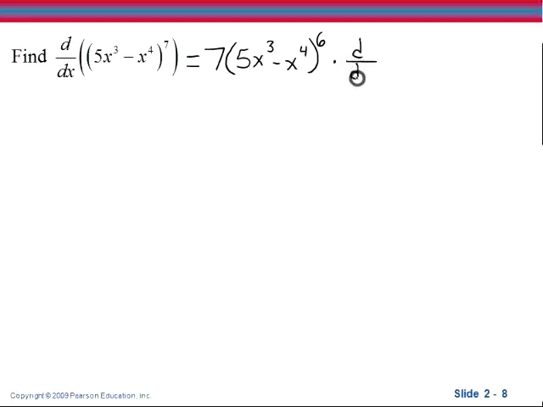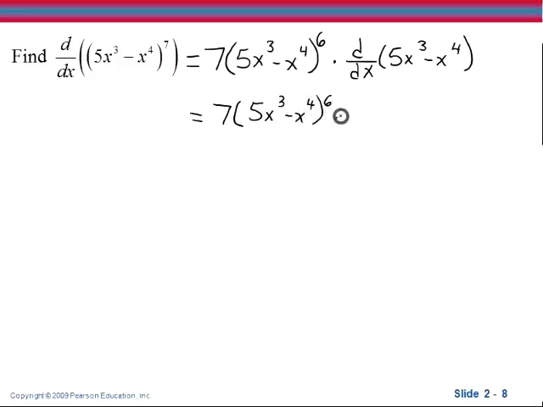Times the derivative of our inside function. And our inside function is 5x cubed minus x to the 4th. So we will have 7 times 5x cubed minus x to the 4th to the 6th power. And then we'll take the derivative of each term here using the power rule.